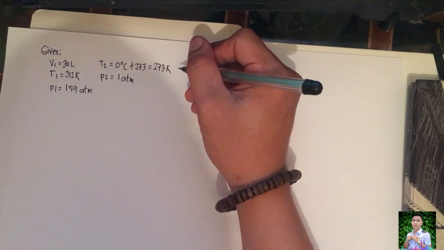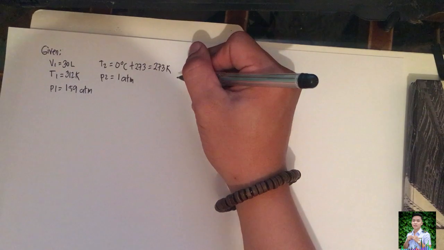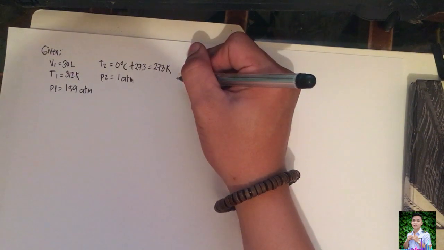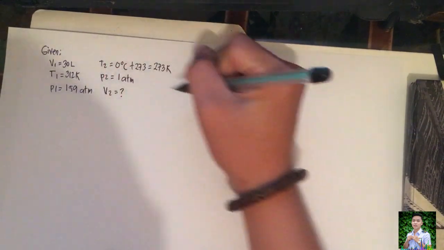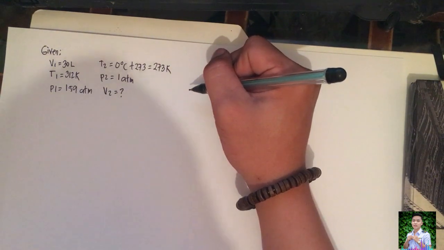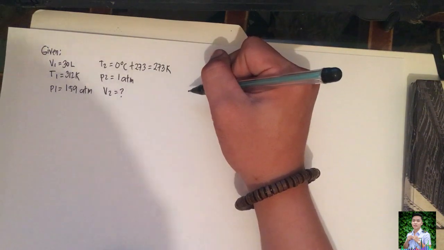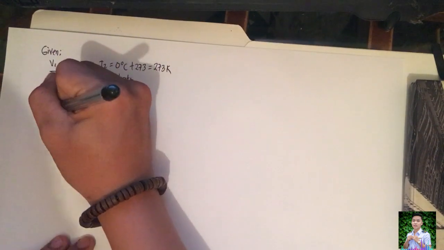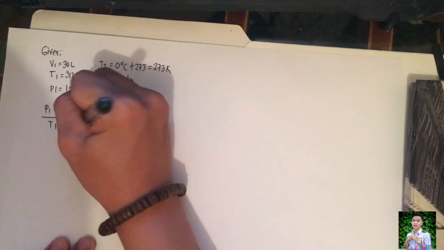In this problem, V1, T1, P1, T2, and P2 are given. However, V2 is missing. So, any guess from you guys kung saan gamito na formula? Correct. We should use the combined gas law, which is P1 V1 over T1 is equal to P2 V2 over T2.